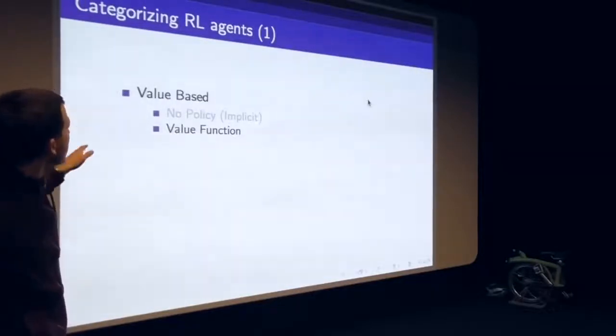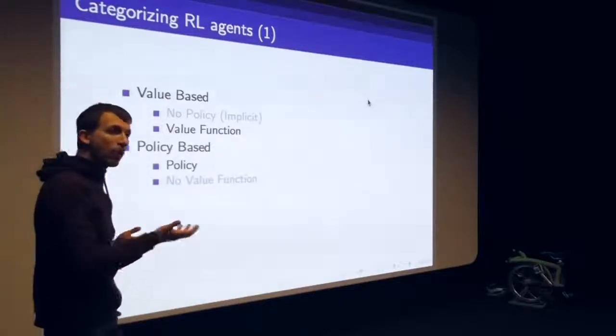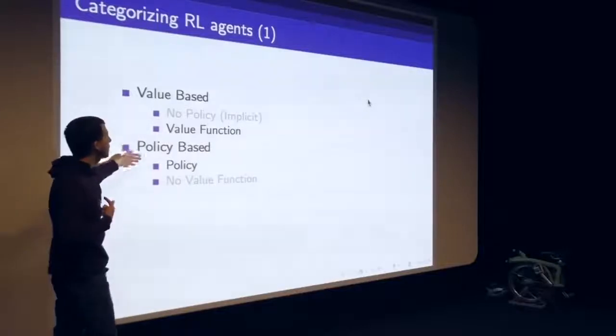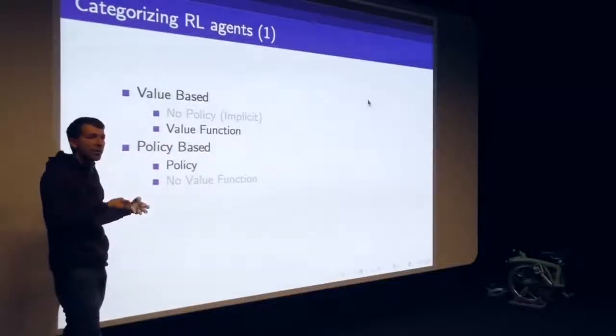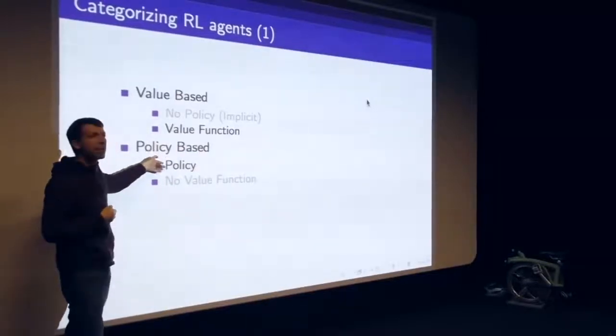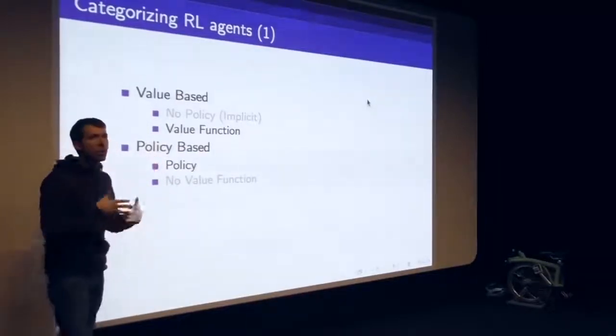Okay, so to categorize the agents, they can be value-based, or they can be policy-based. To build a policy-based agent means that now, instead of representing inside this agent the value function, how well it's going to do from each of these states, we explicitly represent the policy, and we work with the policy.